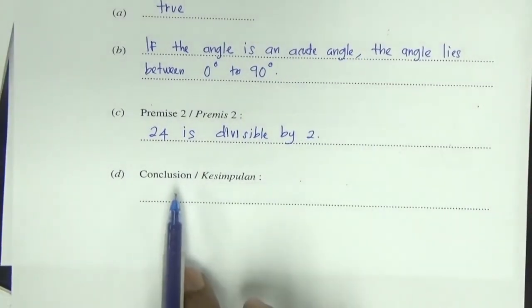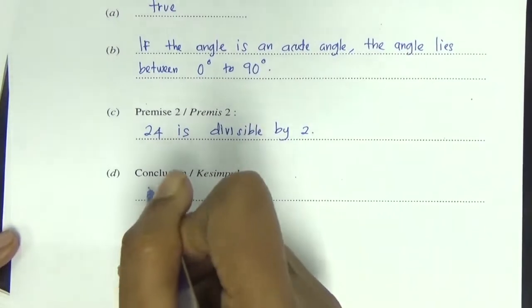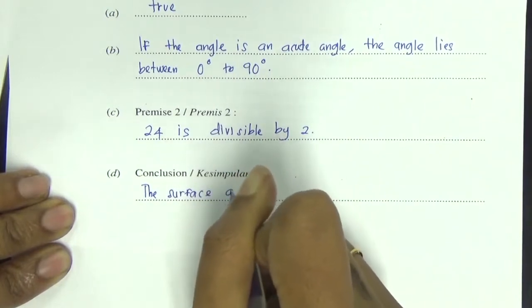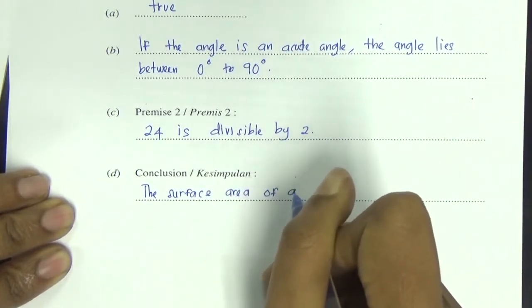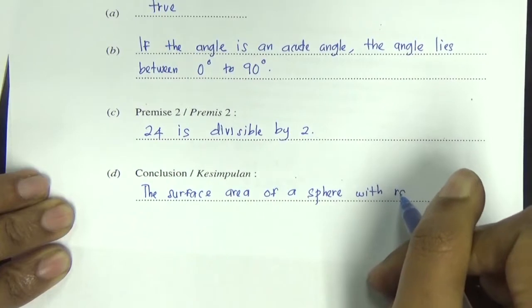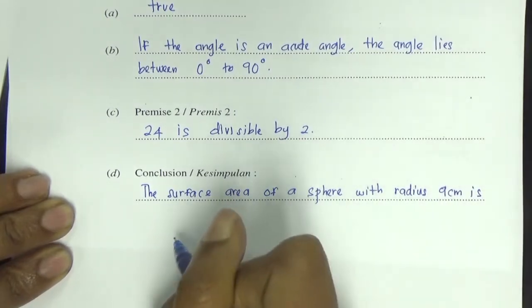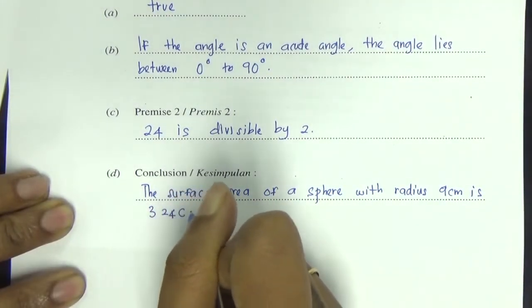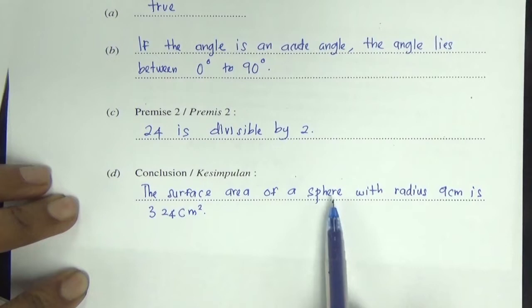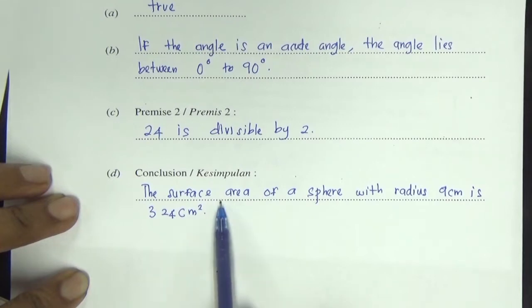Since the question is asking us to deduce the conclusion, we can write down: the surface area of a sphere with radius 9 cm is 324 pi cm square.